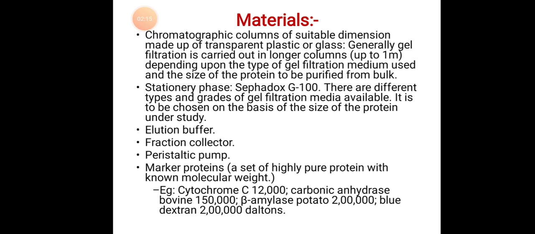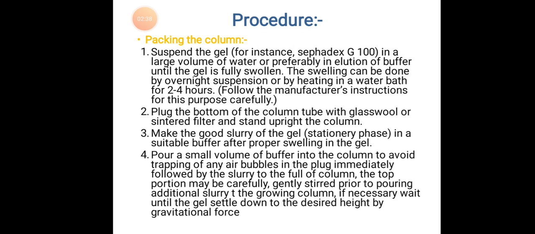It is to be chosen on the basis of the size of the protein under study. Elution buffer, fraction collector, peristaltic pump, marker proteins, a set of highly pure proteins with known molecular weight. Example: cytochrome C 12,000, carbonic anhydrase bovine 150,000, beta amylase potato 2 lakhs, blue dextran 2 lakhs daltons.